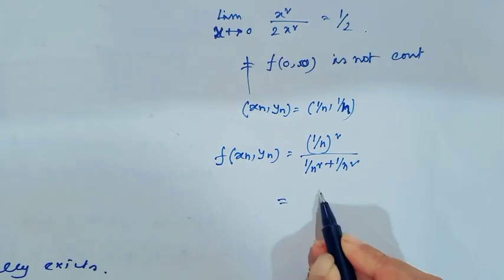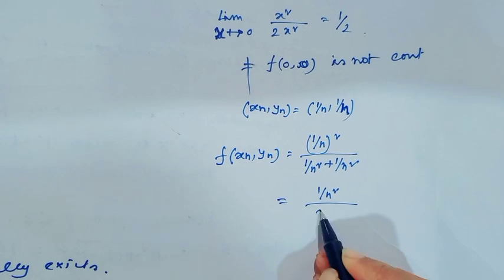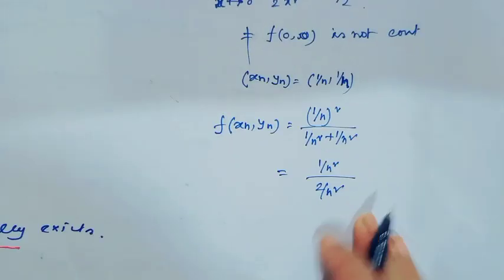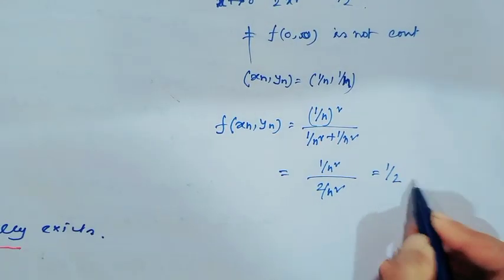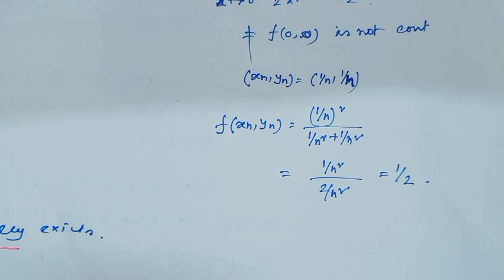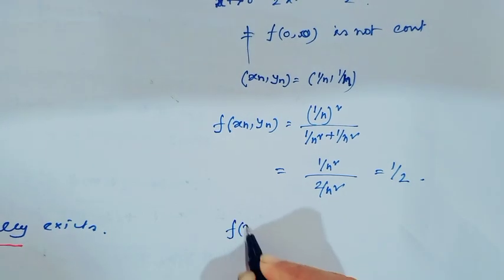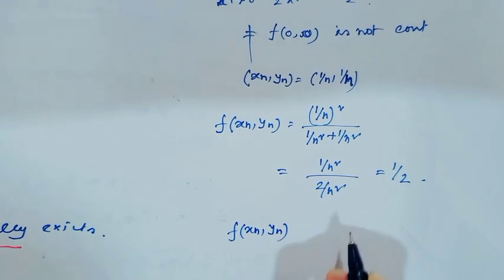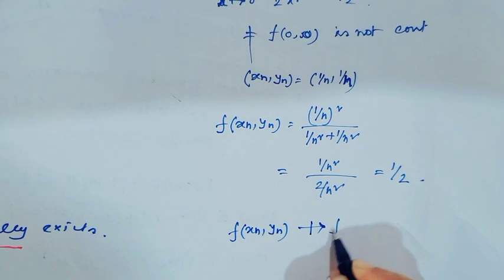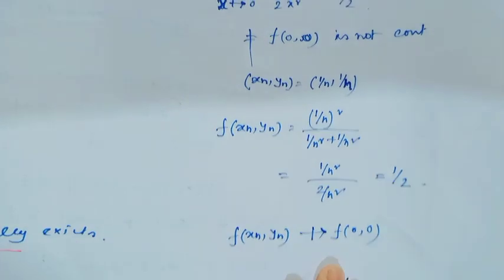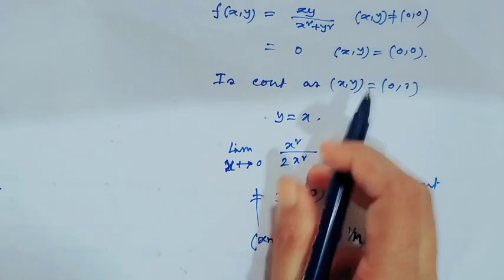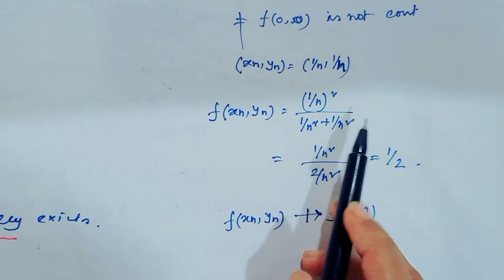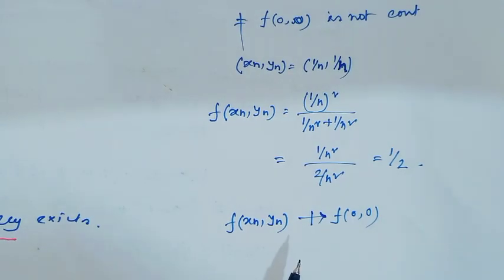And this value would be 1 over n square over 2 over n square, which is just half. So, f of (xn, yn) does not converge to f of (0, 0), because f of (0, 0) is 0.